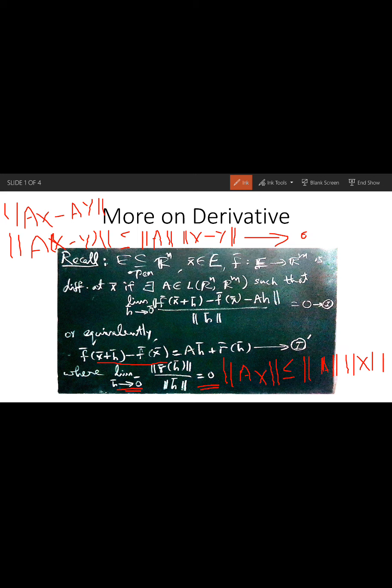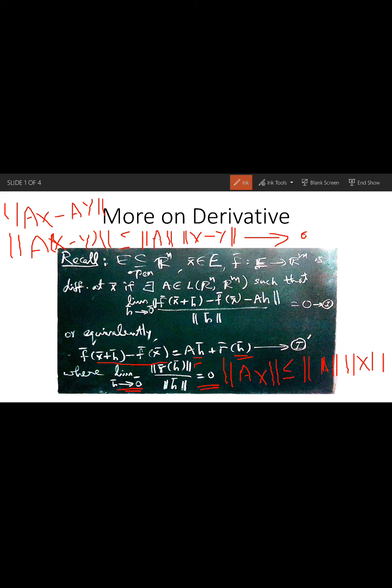Therefore, when h tends to 0, this ah will tend to a of 0. But a of 0 is 0 because a is linear. And r of h, as I said, is a quantity tending to 0 as h tends to 0. So this also tends to 0. So the right side tends to 0 as h tends to 0.